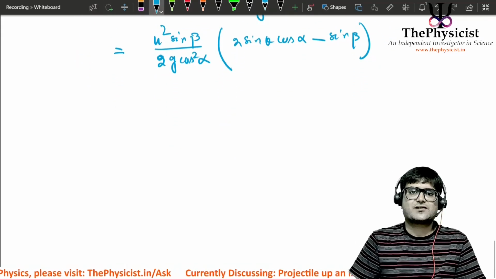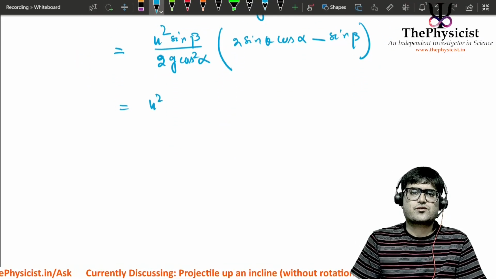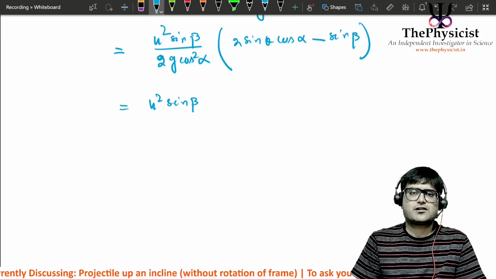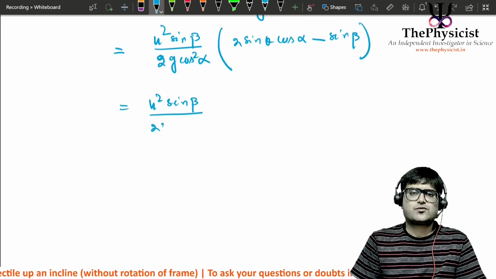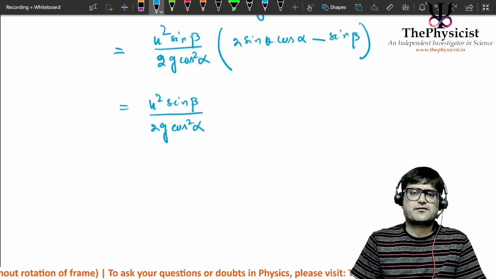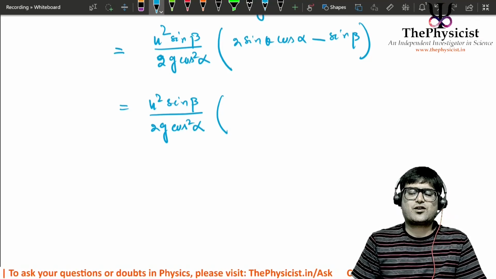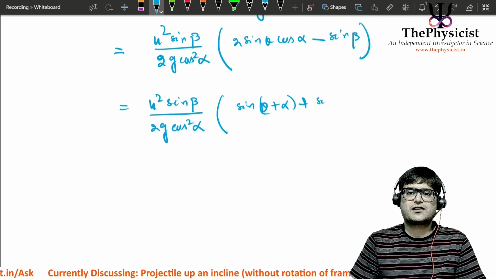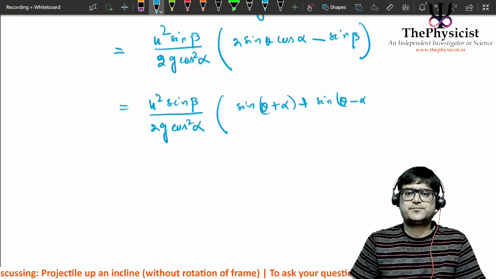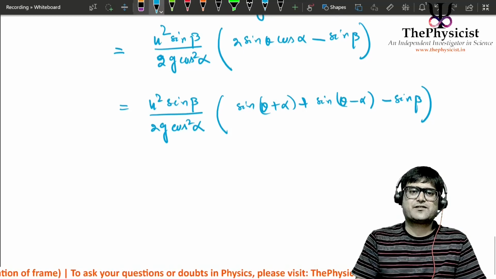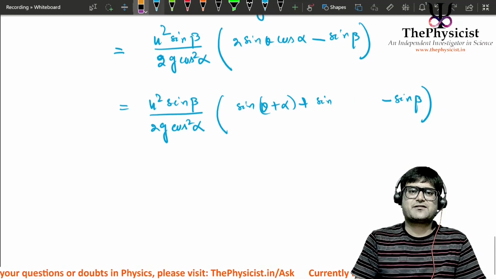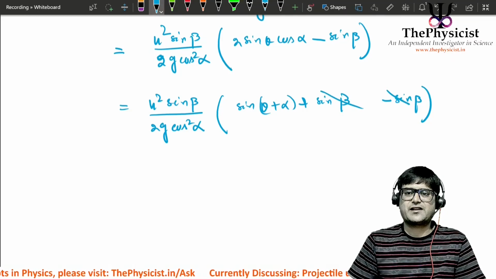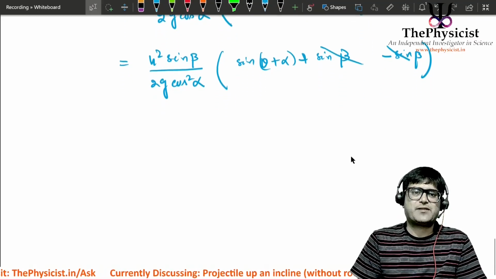Now 2 sine theta cos alpha would simply become sine theta plus alpha plus sine theta minus alpha, minus sine beta. Sine theta minus alpha itself is sine beta, and sine beta cancel.